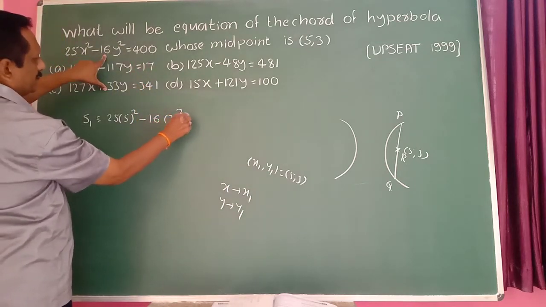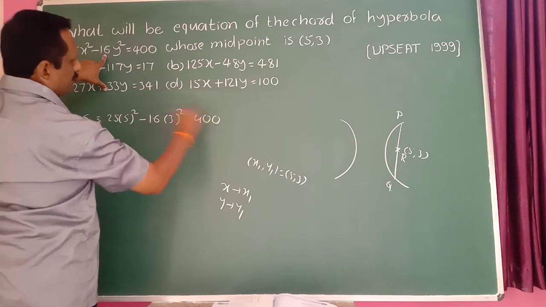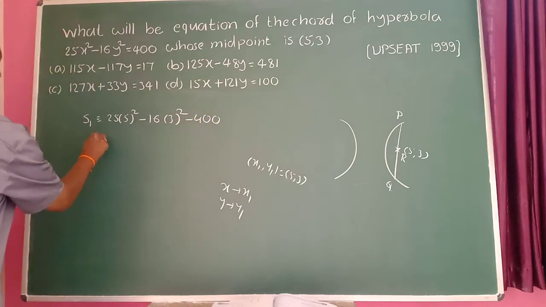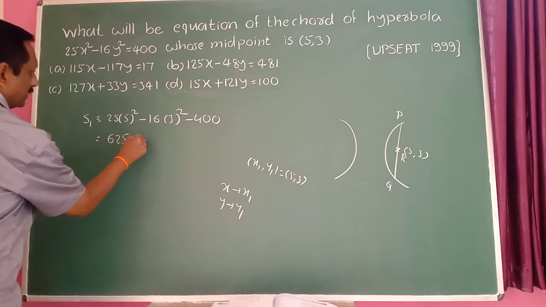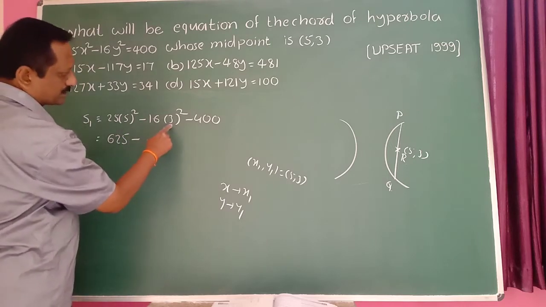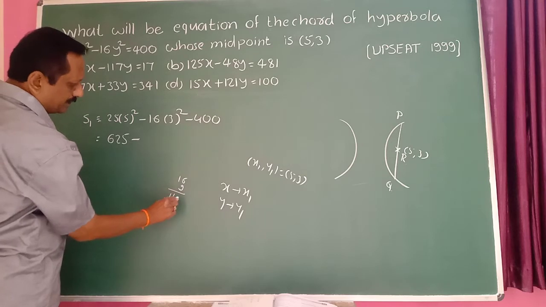Take the 400 from the left side: minus 400. Therefore 5 squared is 25, and 25 times 25 becomes 625, minus 16 into 3 squared, which is 9. 16 times 9 is 144.